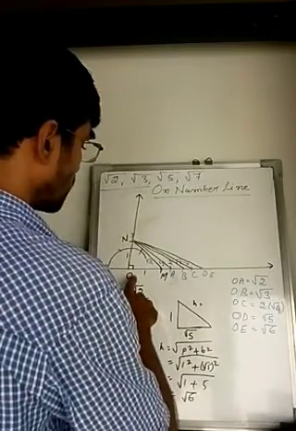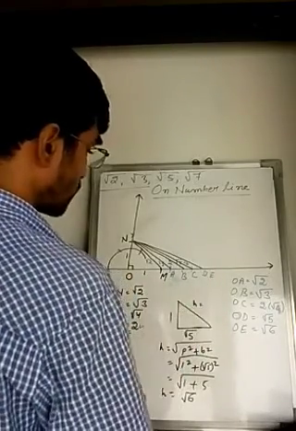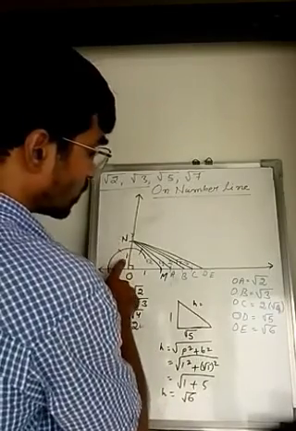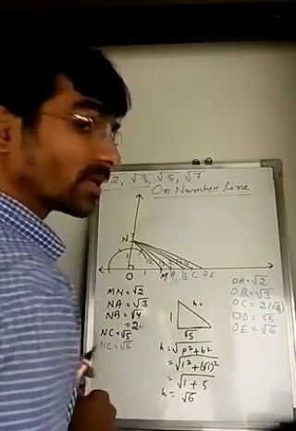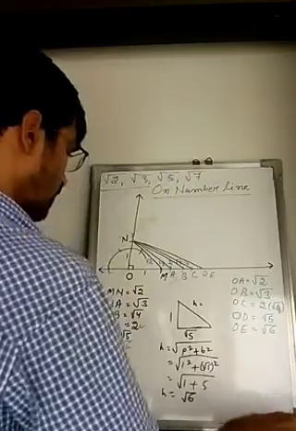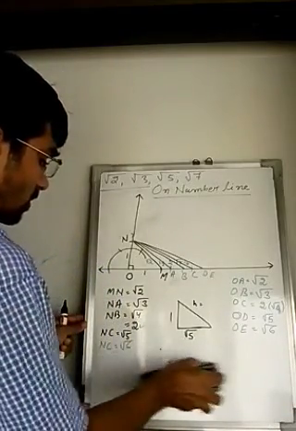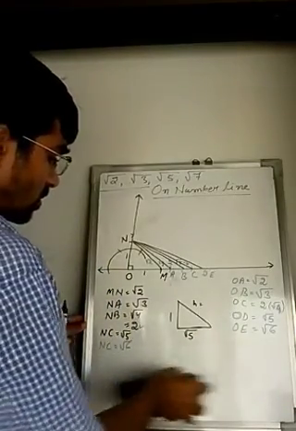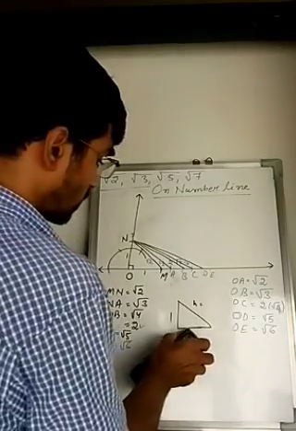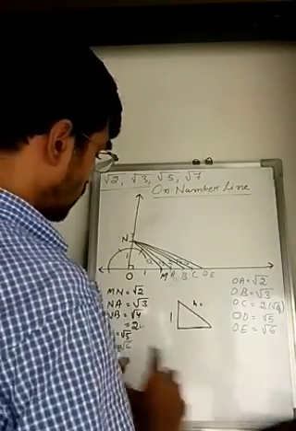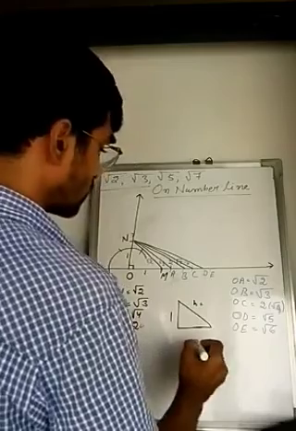Now here if you see, OE is root 6 and ON is 1. What will happen about NE? Let's check. You have to check one by one. Your perpendicular is already 1 and the base you got how much? Root 6.